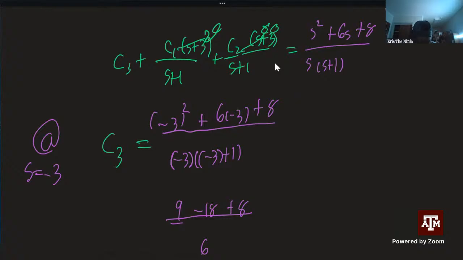And then the top simplifies down to negative 1 over 6. So then C3 equals negative 1/6.